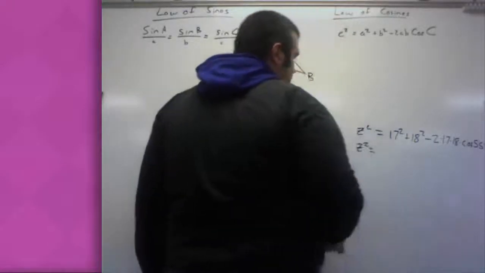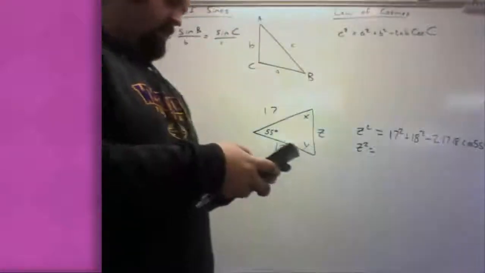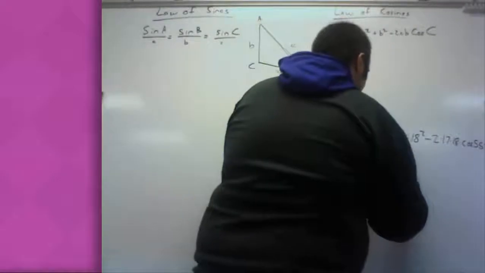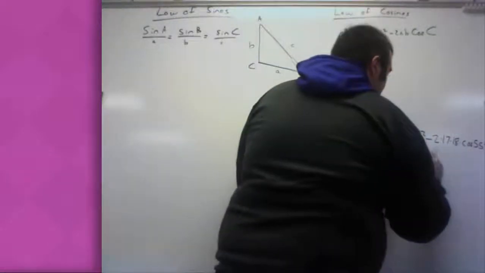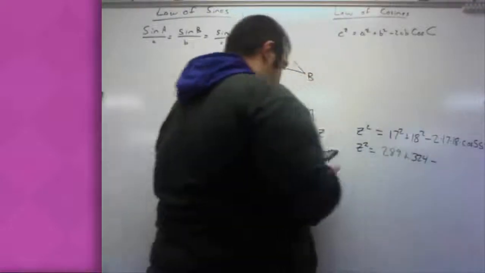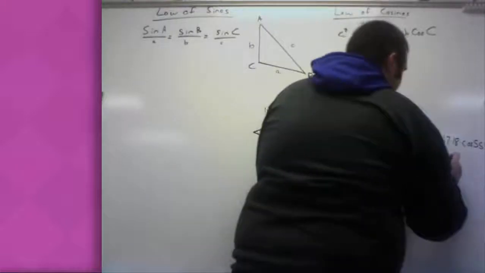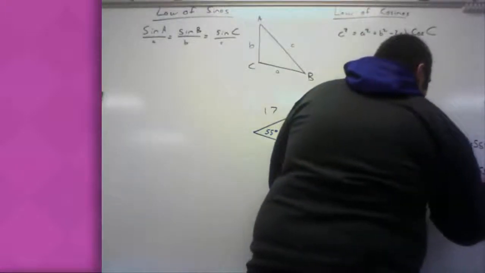55 degrees. At this point, it's just being really careful with your calculator. Z squared equals 17 squared, 289, plus 18 squared, 324, minus 2 times 17 times 18, 612 times the cosine of 55 degrees.